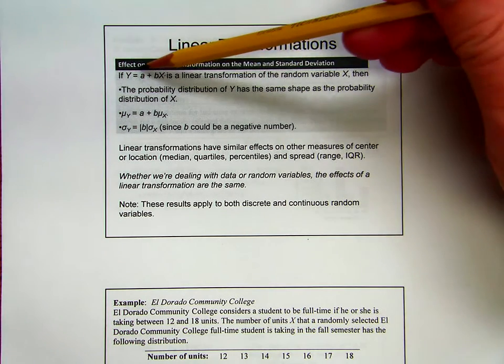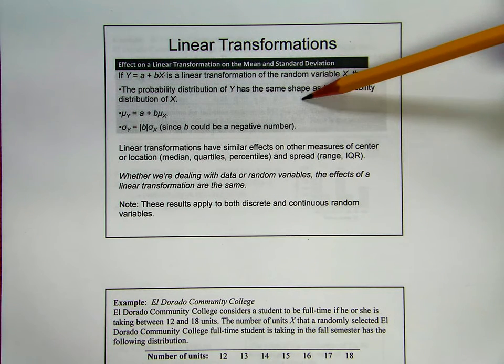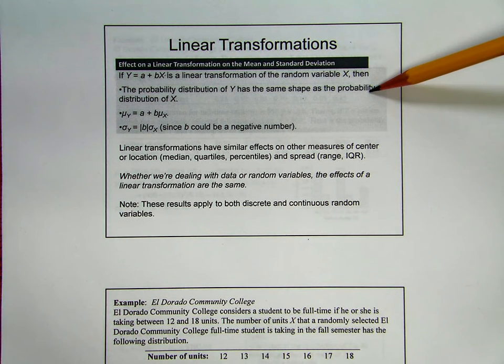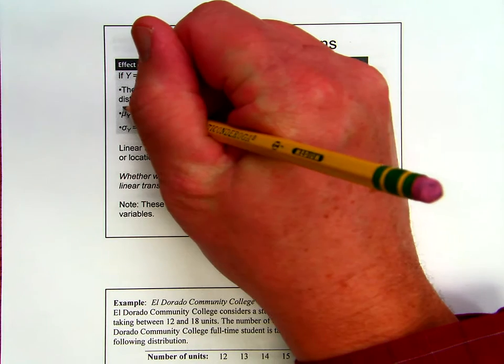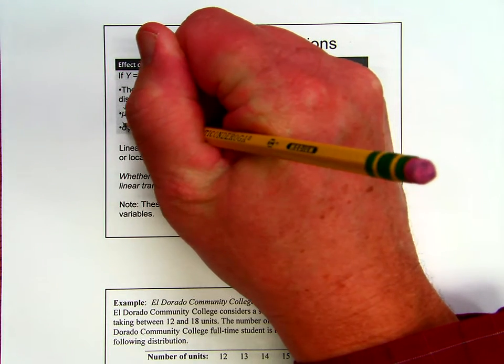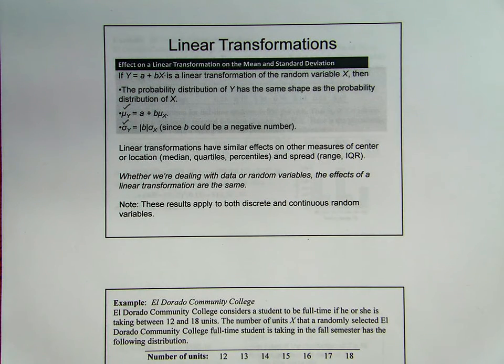After you do that linear transformation, the probability distribution of Y has the same shape as the probability distribution of X. And normally, the measurements that we're concentrating on are the mean and standard deviation. Other measurements are valid, but most of the questions are going to revolve around that.